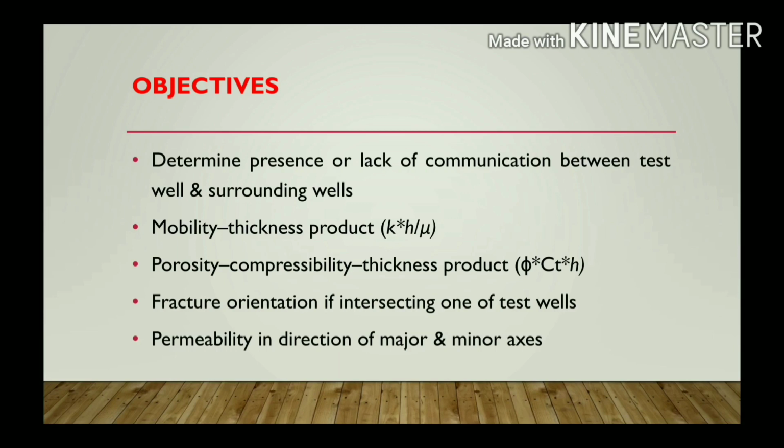The second one is, if communication exists, to provide an estimation of several parameters such as permeability, porosity, and the product of porosity and total compressibility in the vicinity of the tested wells. Also, we are able to measure fracture orientations. We may also be able to measure permeability in the direction of the major and minor axis.